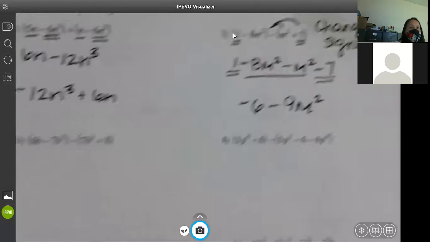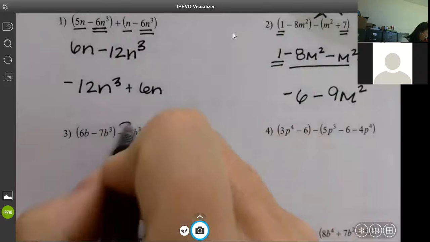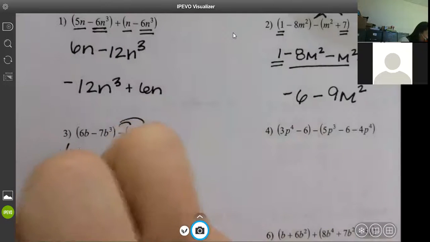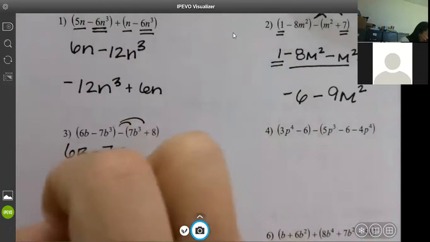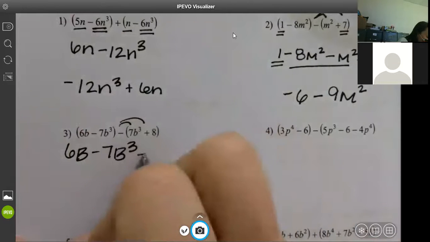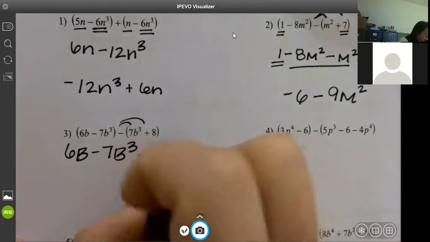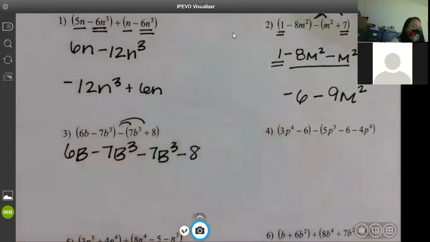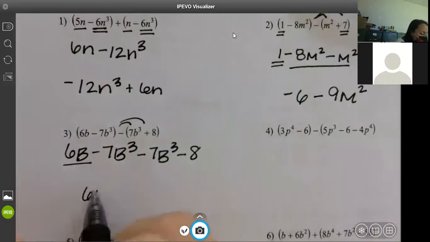All right, look at your next one. It's also a minus, so we got to distribute that minus. Your 6b minus 7b cubed does not change. Your 7b cubed turns into a minus 7b cubed and a minus 8. Add your like terms. There's only one b term, so you just rewrite it.